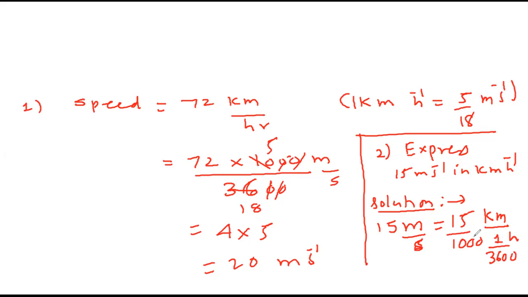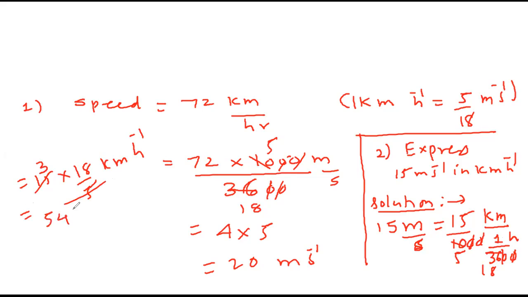So see, same thing we are getting. Two zeros cancel. 18. This is 2 into 5. So we'll get 15 into 18 upon 5 kilometer per hour. 5 into 3 is 15. So it is 54 kilometer per hour. So either you remember direct or remember meter to kilometer divide, second to hour is also divide.